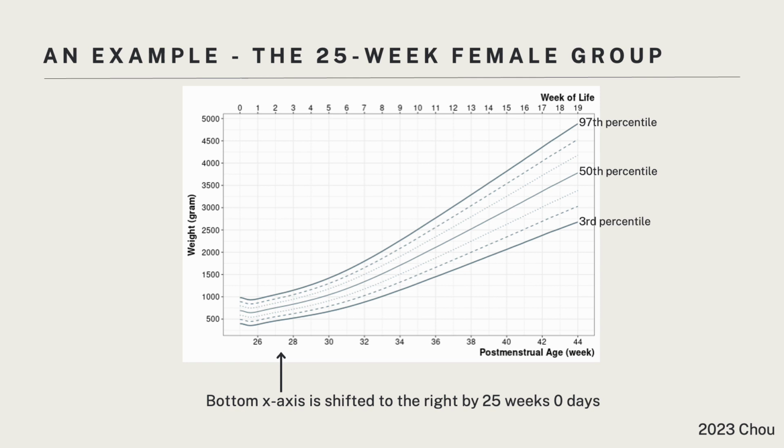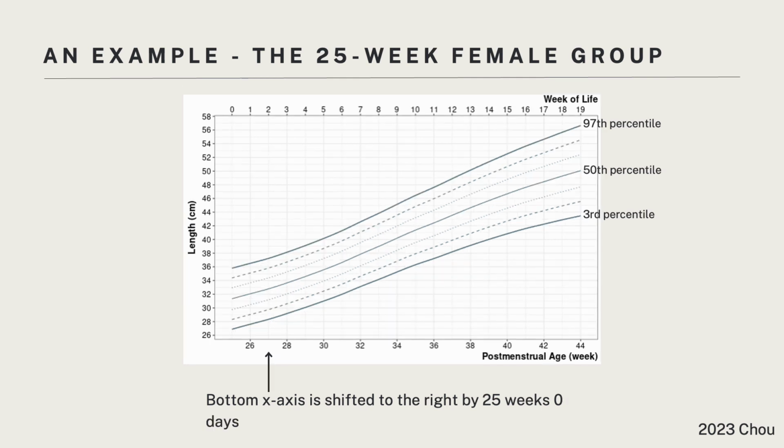As the models were developed against the day of life, in this graph we show two x-axes. The top one is for chronological age, and it's the one that was used for model development. And the bottom is the postmenstrual age. As you can see here, small babies grow slower and large infants grow faster.